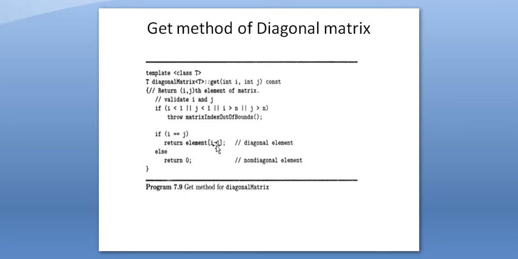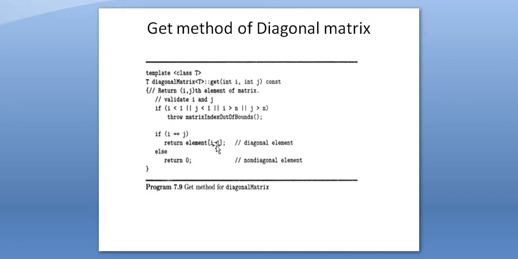So position 2 of the one-dimensional array. Element of 0 will have the 1 comma 1 location in the matrix. That element will be stored at position 0 of your array. Similarly, the second diagonal element will be stored at position 1, the third element at position 2, and so on it goes.